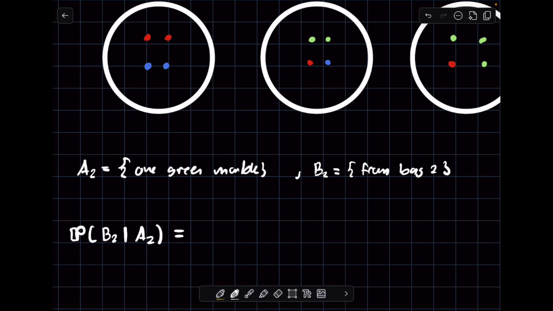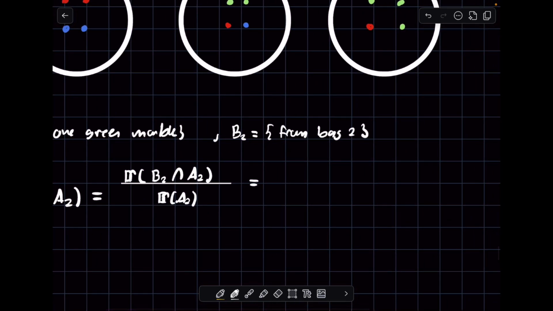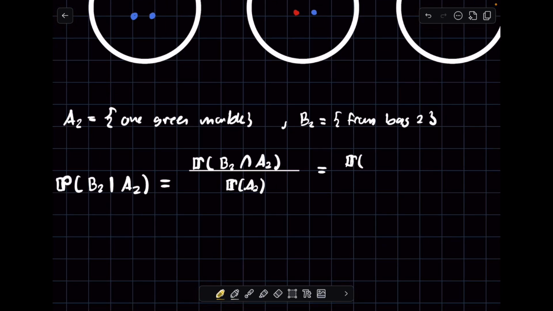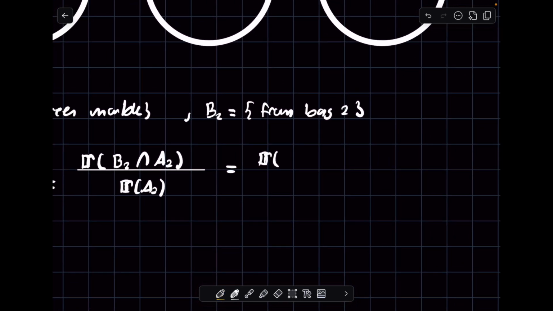This can be defined with the conditional probability rule, like so. And this can also be rewritten with Bayes' theorem. It states that this is going to be the same, but swapped, multiplied by the other one.